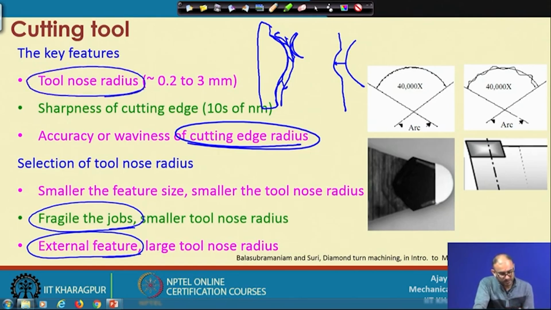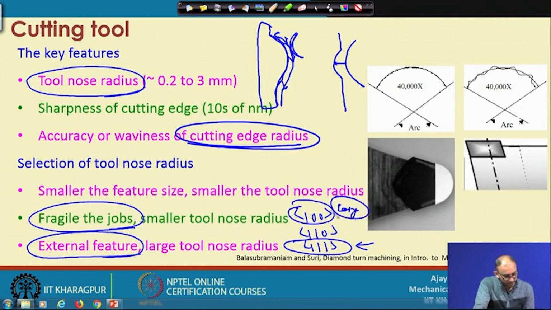Then we have to consider that with diamond, there are different planes available: the 100, 110 and 111 planes, which we saw in terms of silicon in some lectures a long time before. We have seen that one is very difficult to cut and another is very easy to cut. If cutting is easy, that means its wear is also very high.